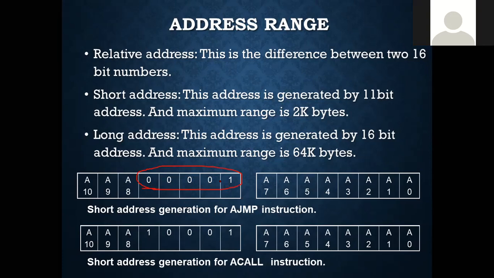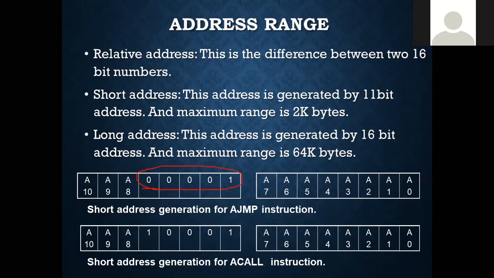So to generate the address range, 8 plus 8, so a total of 16 bits will be needed. So 16 bits means 2 to the power 16, that means 2 to the power 10 into 2 to the power 6.